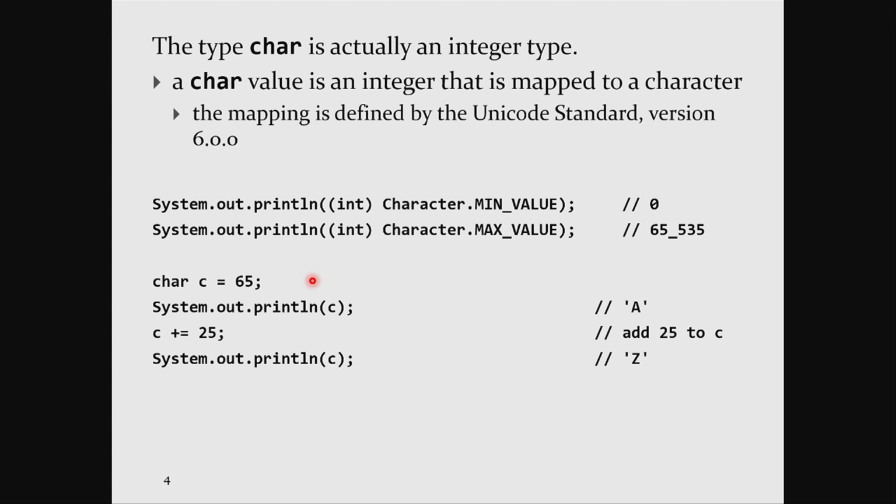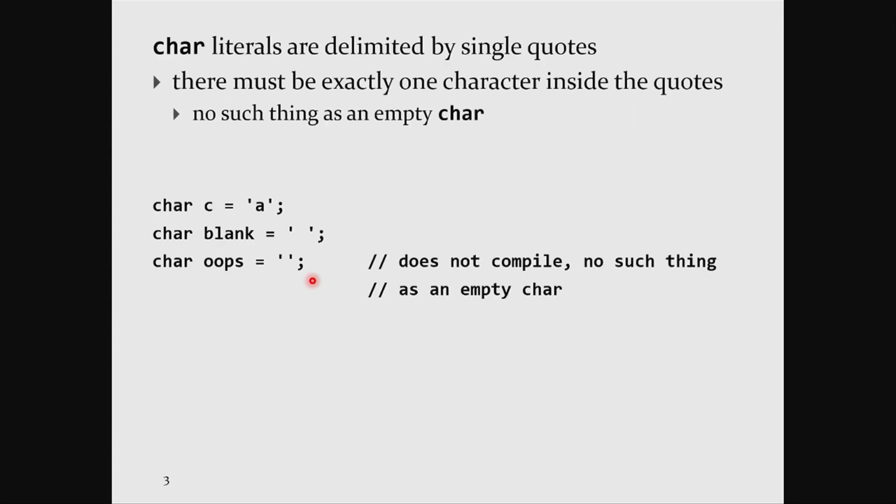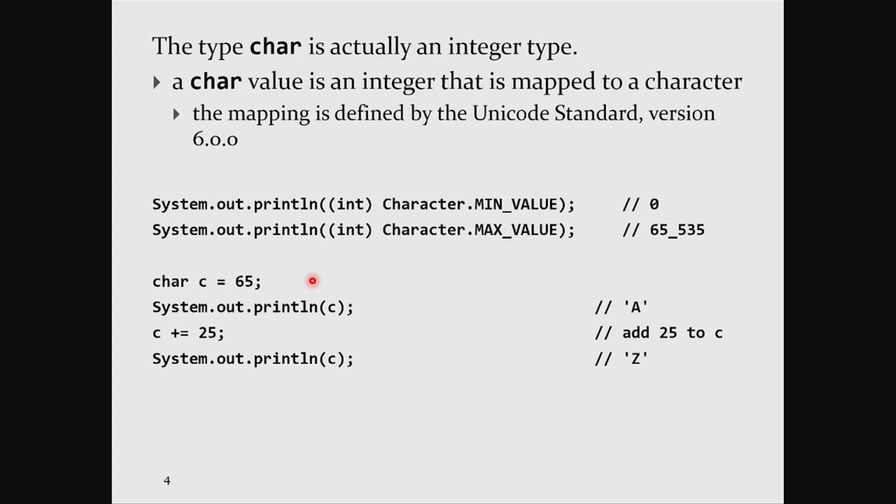And in Java, the char type is actually one of the integer types, which is a little weird, right? Because if you go back here, I just told you that the characters in the string rub-a-dub-dub are all chars, and now I'm telling you they're actually numbers, which is strange.